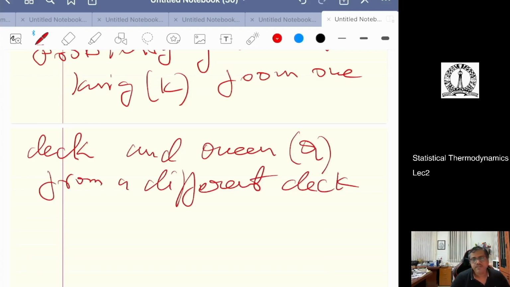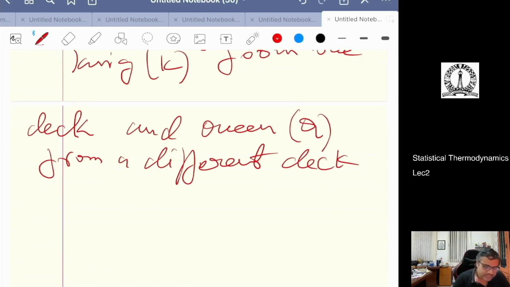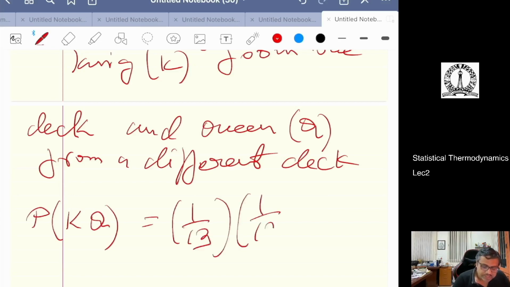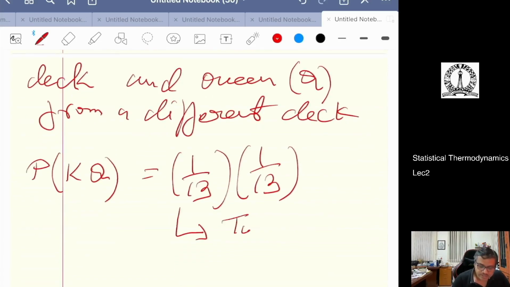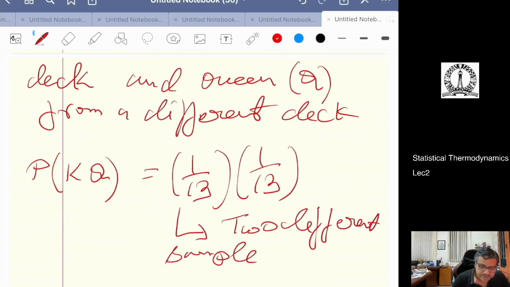Okay, so these are now two different packs of cards that we are talking about. So they are not from the same deck, they are from two different decks. So in that case, we write probability of KQ as more like multiplicative, 1 by 13 into 1 by 13, because in this case these are two different sample spaces.